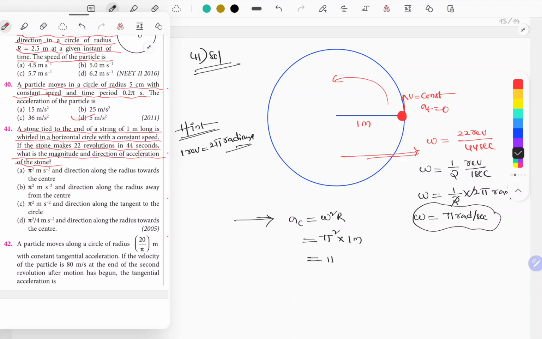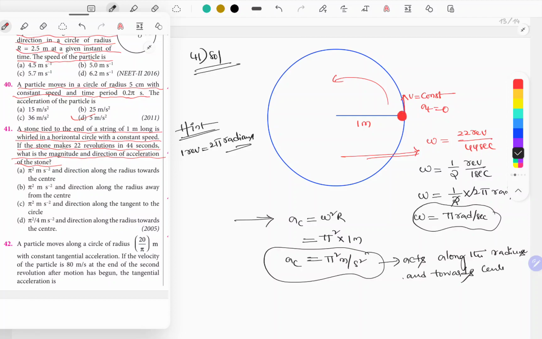So the final answer is pi square meter per second square, which is the centripetal acceleration, and it always acts along the radius and towards the center of the circular motion. This is the point we have to remember.